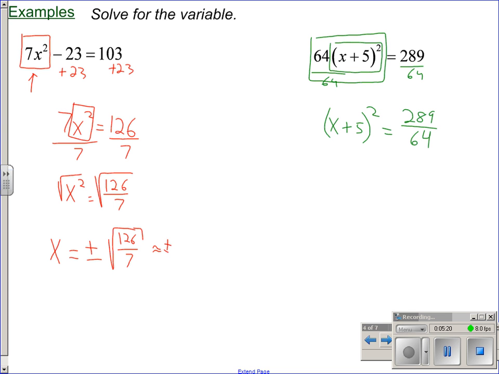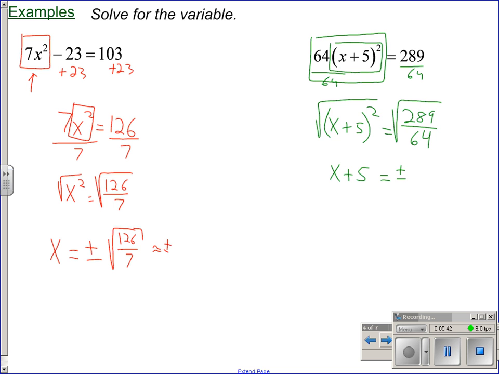Now what we're going to do here is think of this x plus 5 as a single variable. We need to get rid of that square, so we take the square root of both sides. You're just left with x plus 5 on this side. Since you took the square root of both sides, you get your positive and negative.